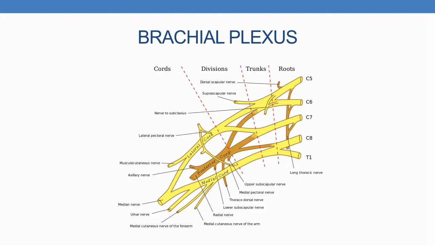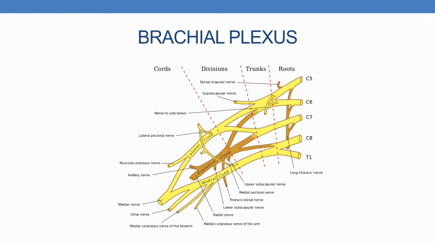Now, classically, we associate symptoms with C7 as being related to sensory to the middle finger, and motor function as being related to wrist extension. But as this diagram shows, many other additional sensory and motor areas could be adversely affected in the case of C7 radiculopathy.